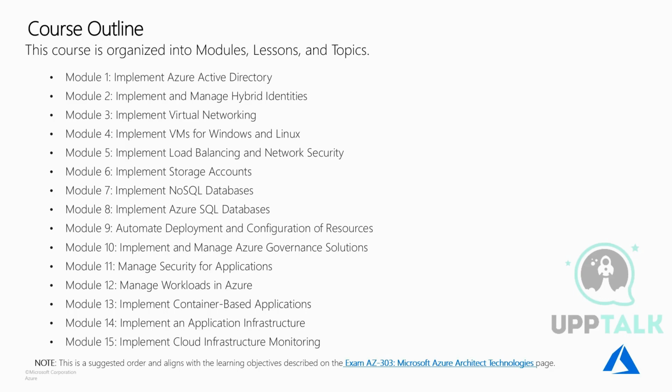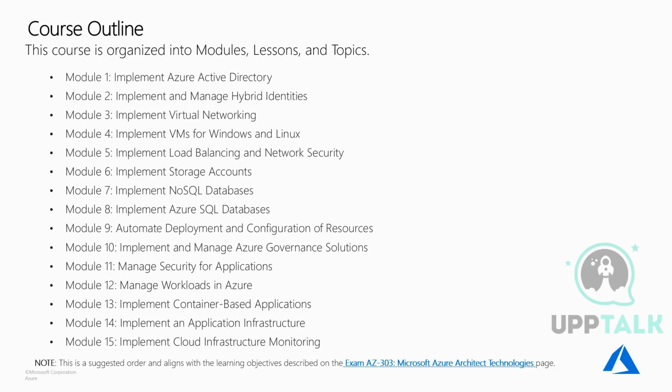automation in terms of deployment and configuration of resources, again moving into security details using governance and security solutions within Azure. Module number 12, 13, here you will see this is more to do with development. And here you'll realize that the development over here is in terms of microservices, right?